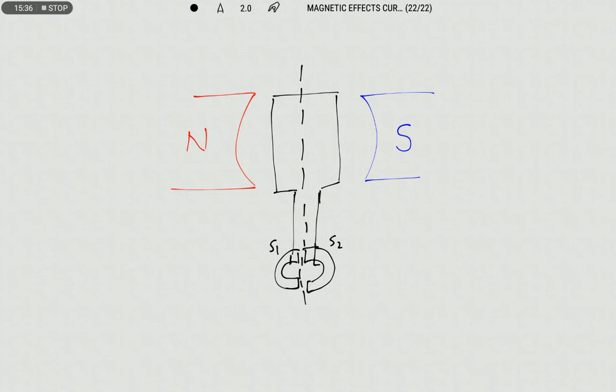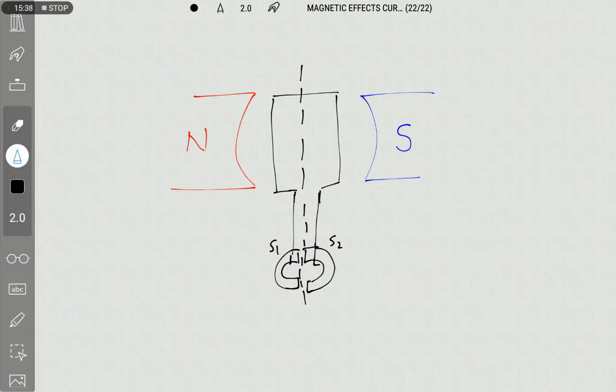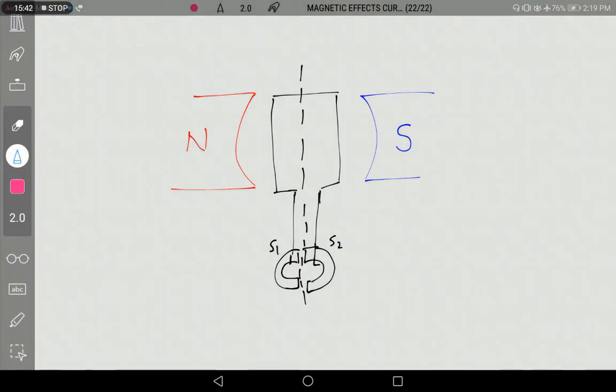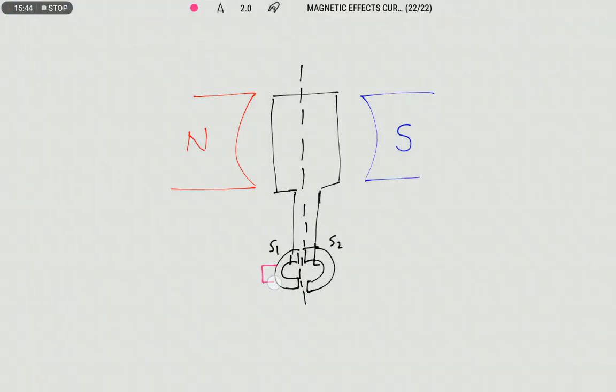And next one is carbon brushes. So carbon brushes will establish the contact between the battery as well as the coil. Look, the two brushes B1, B2 are connected to the battery.